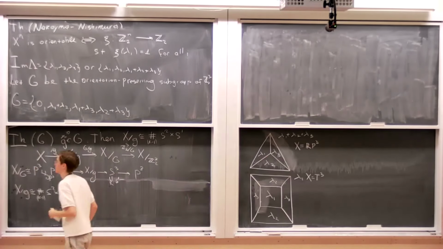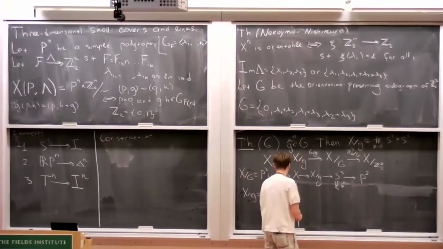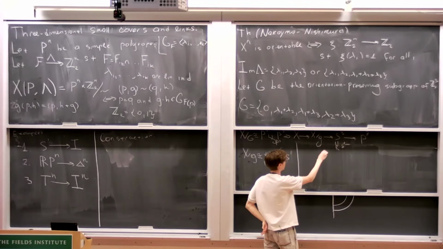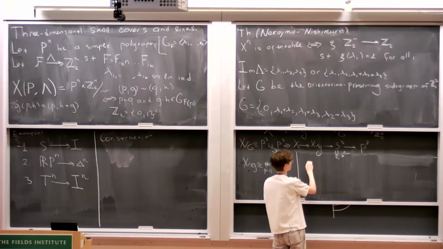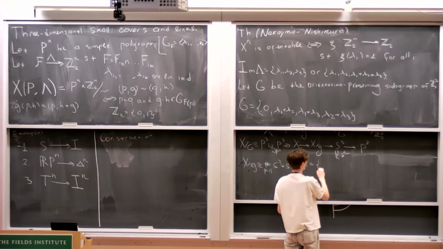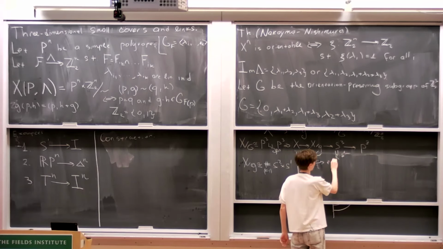So let me write it. So the branching set of this map, so the union of S1, is precisely the corresponding edges.